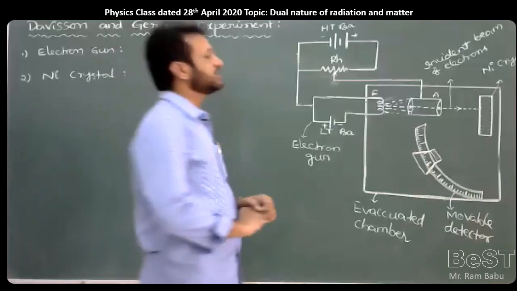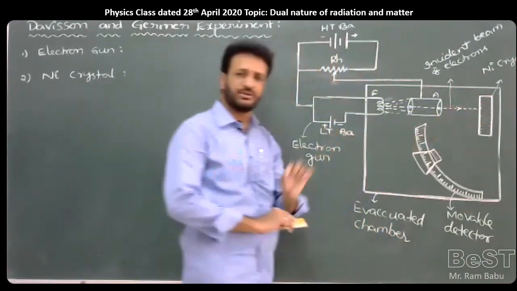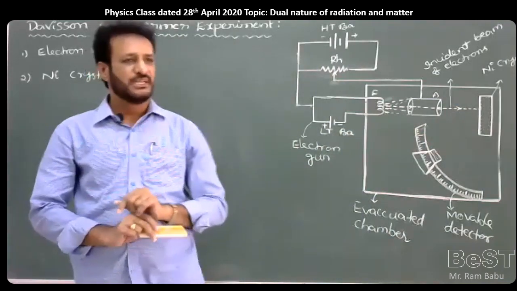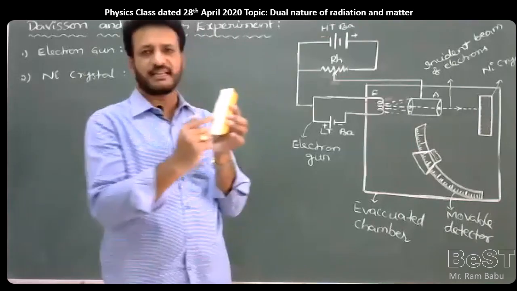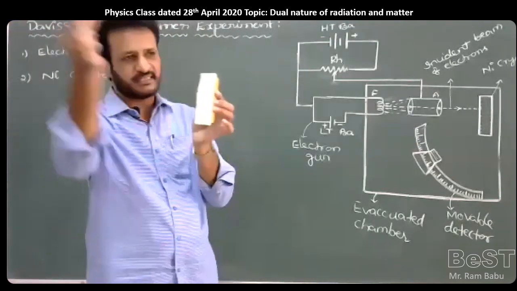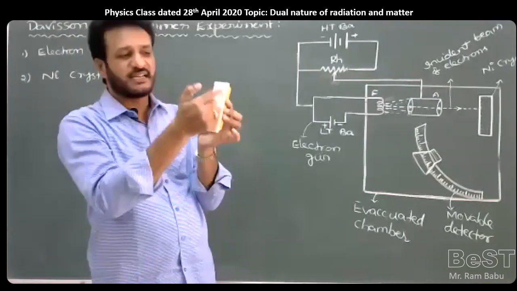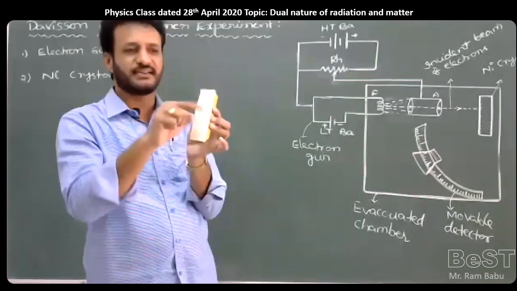That means the space between the atomic planes of the nickel crystal is comparable to the wavelength of the electron beam. So whenever the wavelength of the electron beam and the spacing of the atomic planes of the nickel crystal are comparable, what happens generally? When the electron beam falls on this nickel crystal, around the corners of the atoms, the electron beam gets scattered, bent or diffracted.